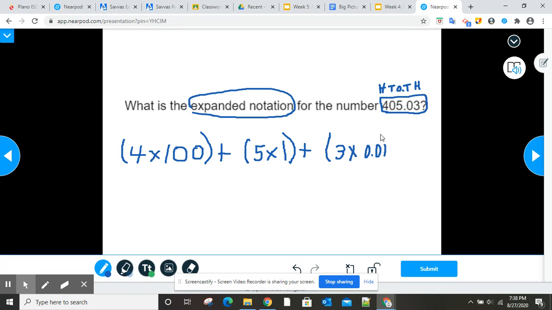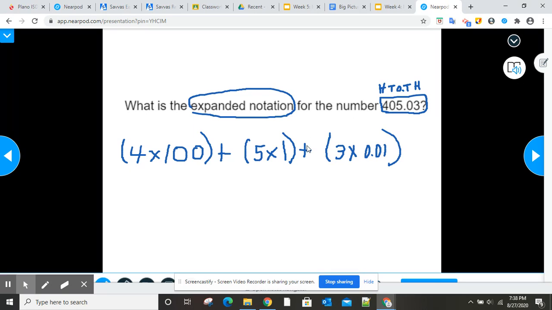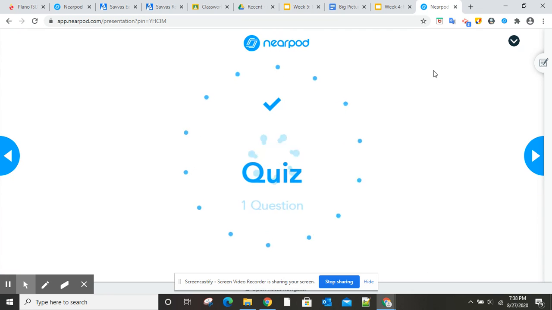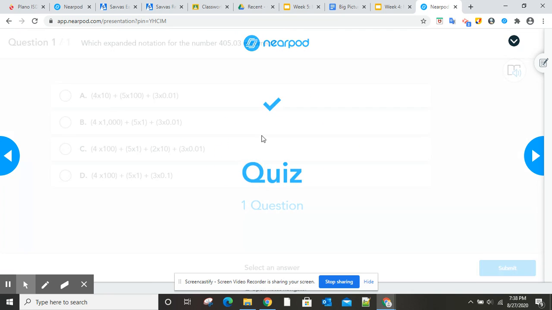This represents the hundredths. So I've written my number, my decimal, in expanded notation. Now I'm going to submit that, and it's time for the quiz.